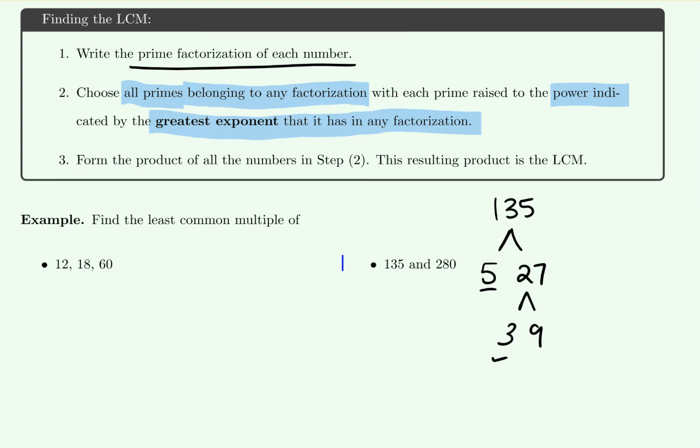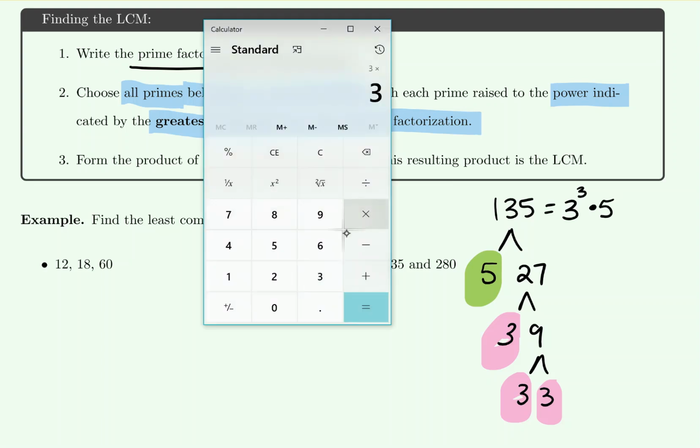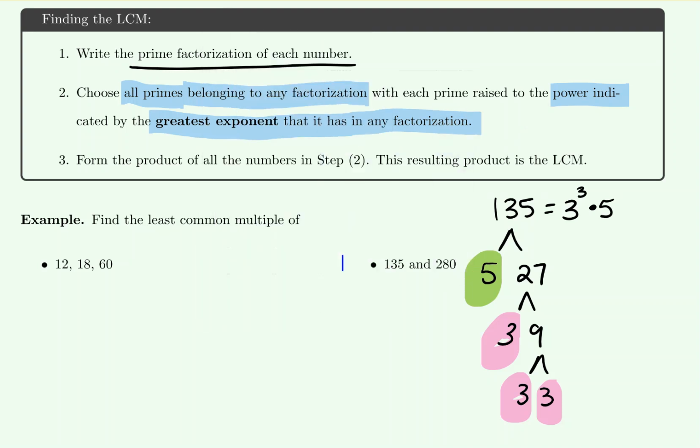Again, these don't have to be simplified further because they're already prime numbers, but 9 could be split into 3 times 3, which tells me 135 is equal to 3 cubed, because 3 is the smallest prime number and it occurs 3 times, times 5, the prime number that occurs only 1 time in this factorization. And then you could check 3 times 3 times 3 times 5 is indeed 135.